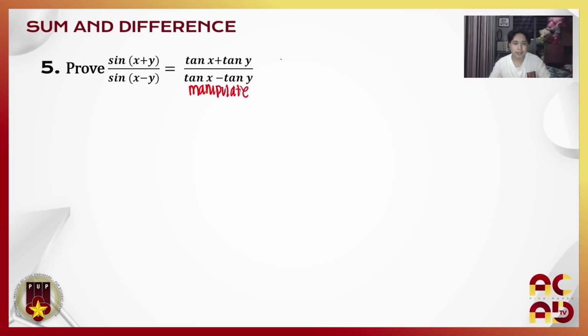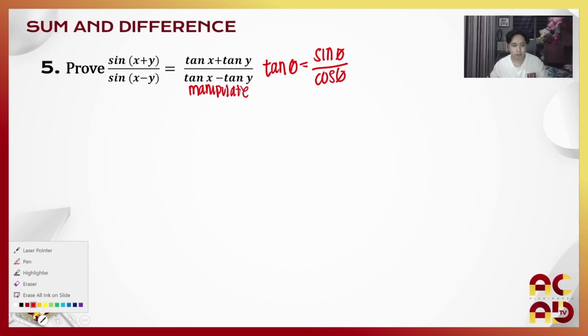our right side. And di ba natatandaan nyo na yung tangent theta natin is equal to sine theta over cosine theta. So dito, papalitan natin ng sine over cosine yung tangent dito sa right side natin. So, this will become like this. So, substitute na natin yung sine over cosine sa mga tangent.